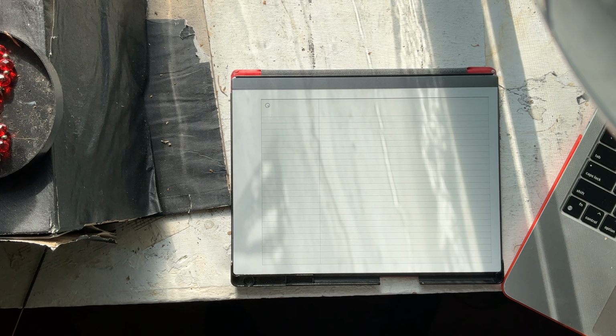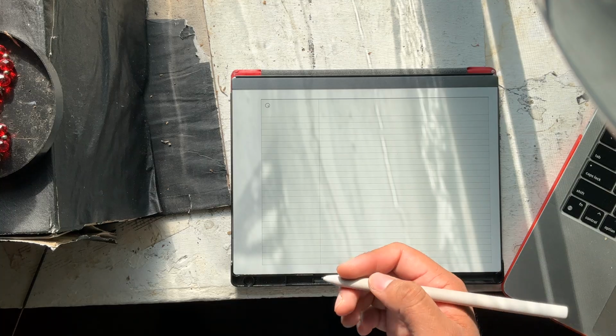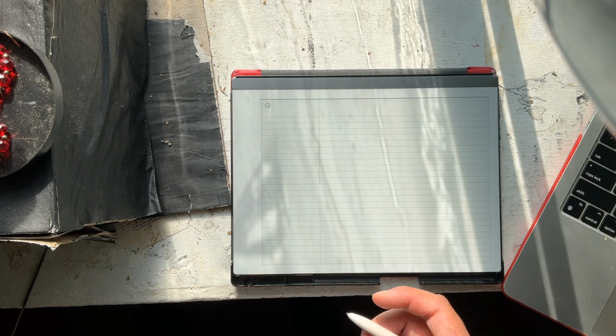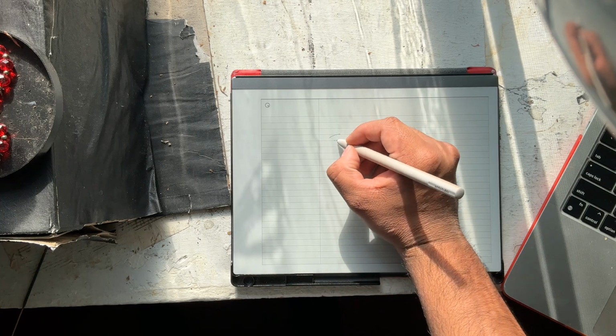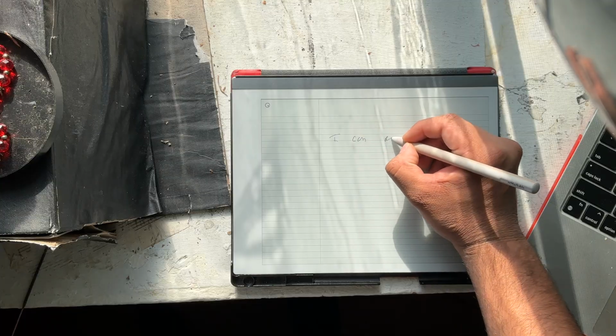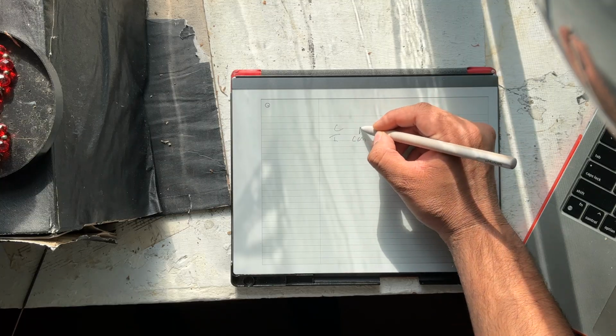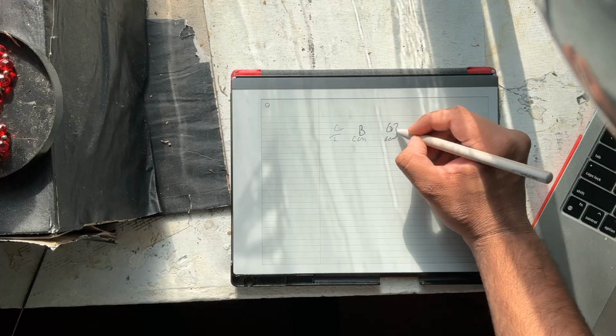Now, the only issue with that is if you want to write down one of your songs, and you have a very specific way of doing things and you don't know how to write it down, how would you do it? A lot of these self-taught musicians have something like this: C, B, and then let's say G7.